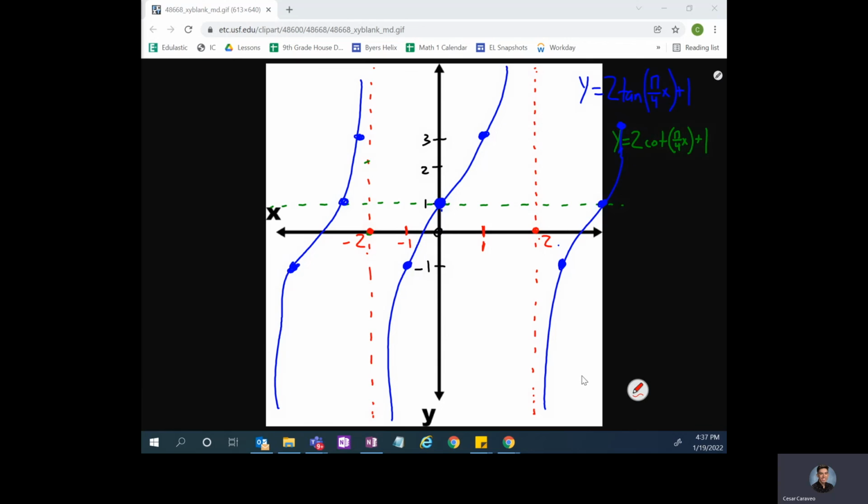Now we'll draw these in black. There's one asymptote, another asymptote, and here is our last asymptote.